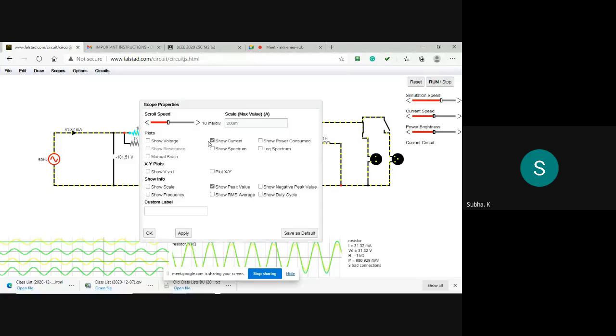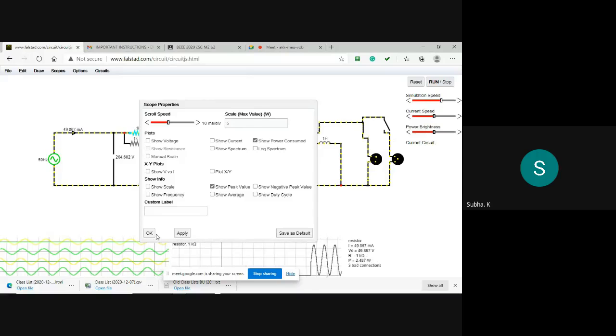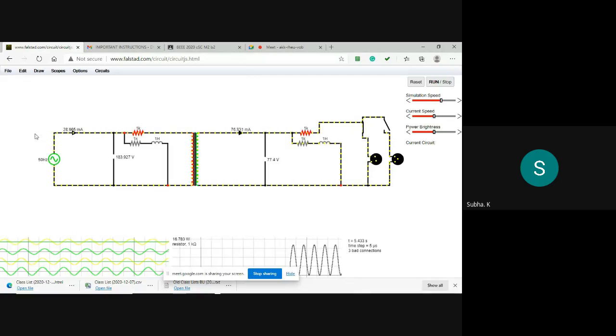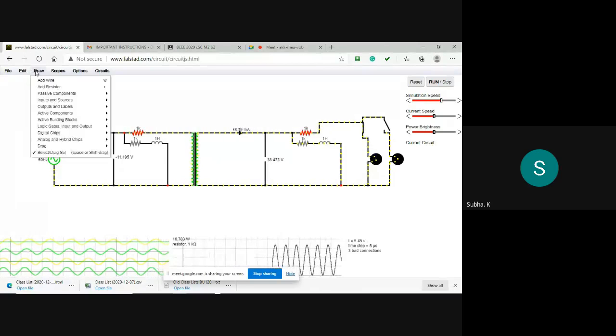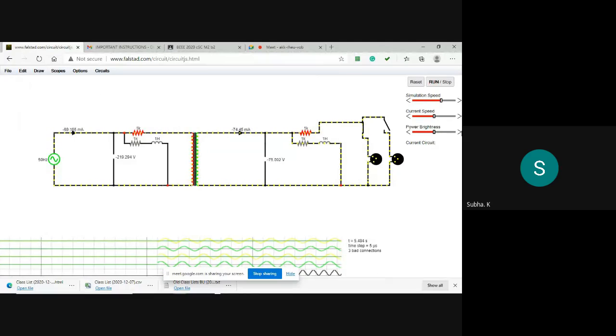The voltage and current I will take out and only show power consumed, and I will save. The fifth waveform is showing the power consumed.